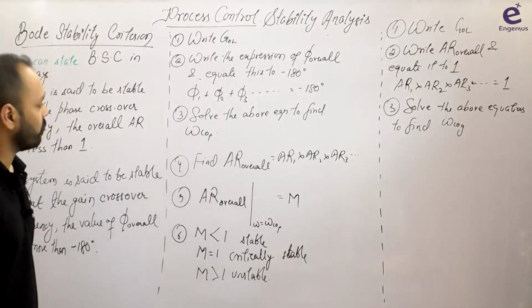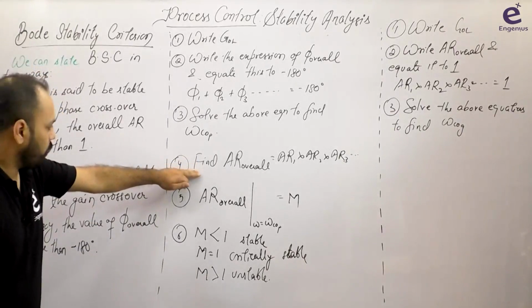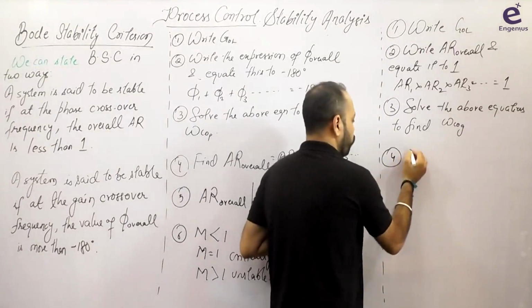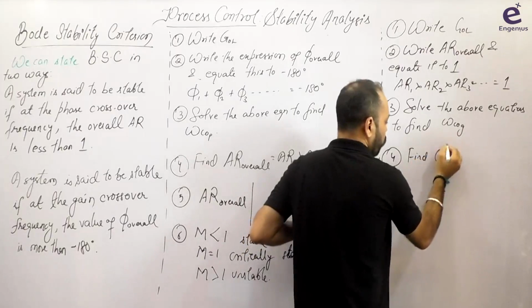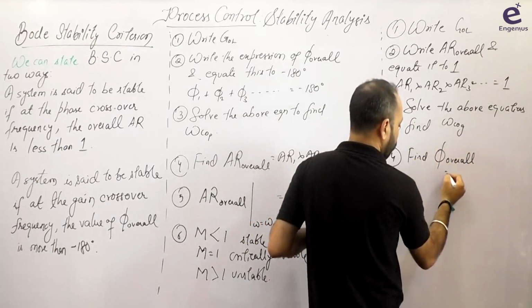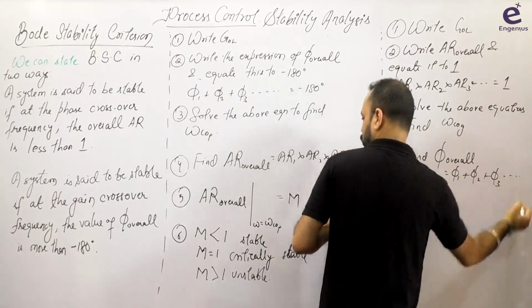Gain crossover frequency is found. Now after this, find phi overall, that is phi 1 plus phi 2 plus phi 3 and so on.